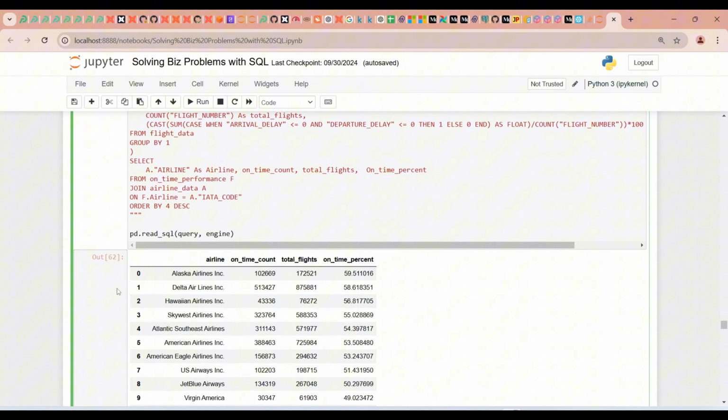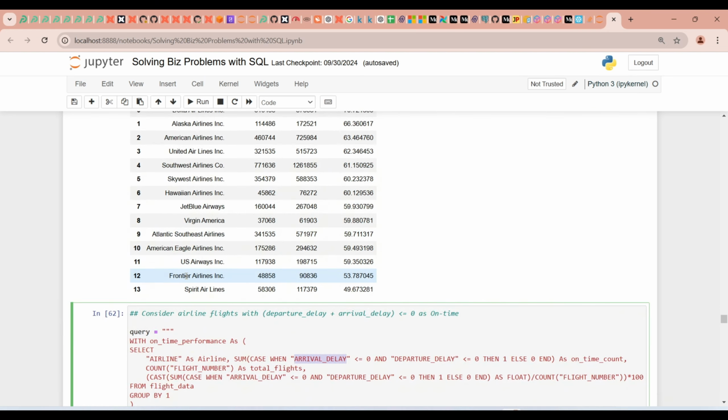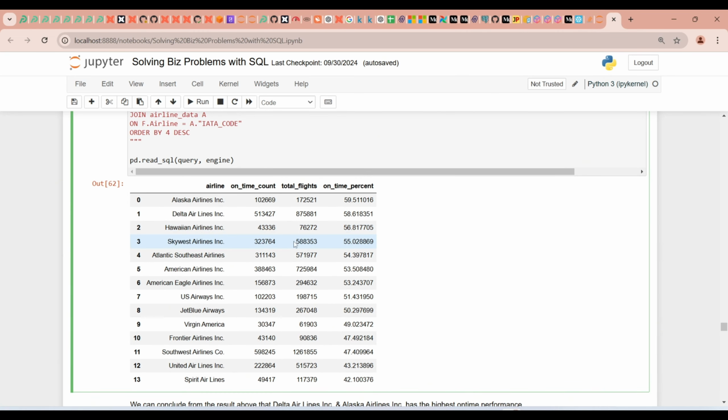So Hawaii Airlines is third, and Hawaii Airlines was sixth here. So in terms of both departure and arrival delay, you can consider this top four, which is Alaska Airlines, Delta Airlines, Hawaii Airlines, and SkyWest Airlines. They would leave on time and they will most likely also arrive on time, right?